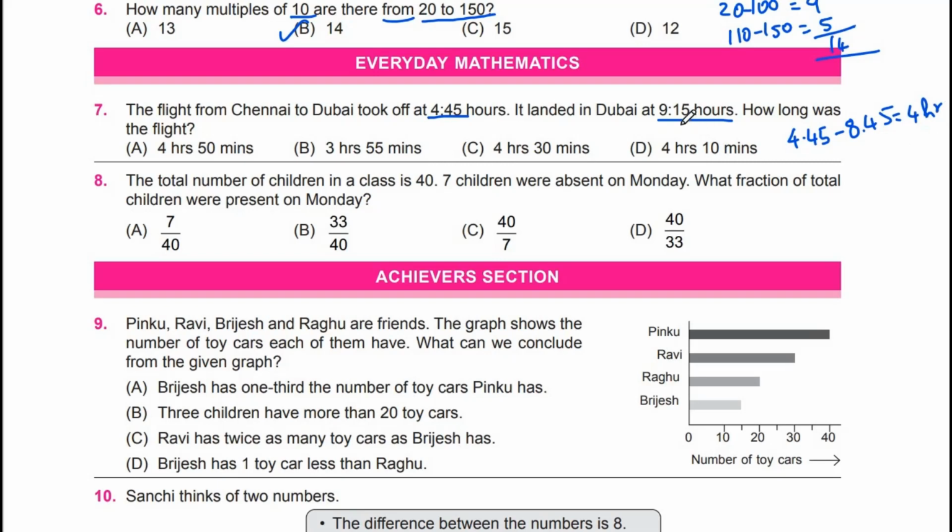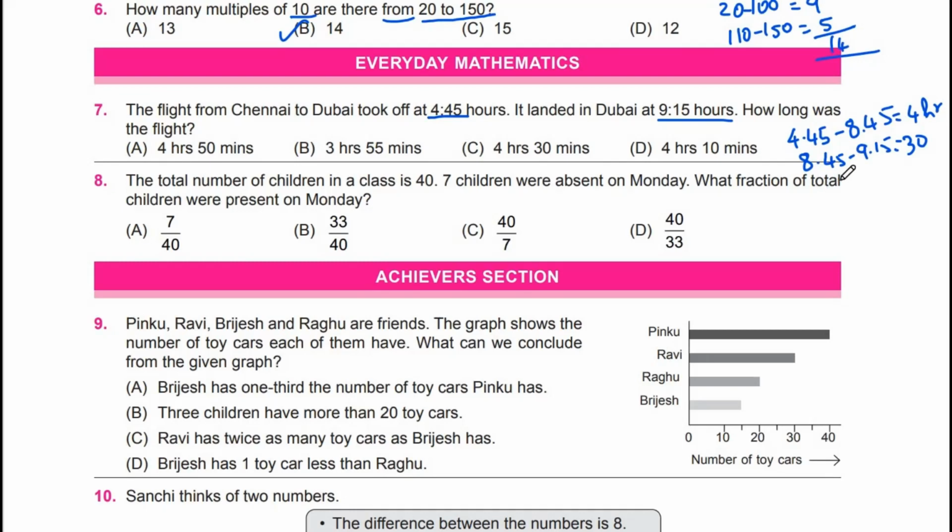Now we have to calculate from 8:45 to 9:15. How many minutes are there? 8:45 to 9 we have 15 minutes. Then from 9 to 9:15 we have another 15 minutes. So totally 15 plus 15 is 30 minutes. So we know that from 4:45 to 8:45 is 4 hours.